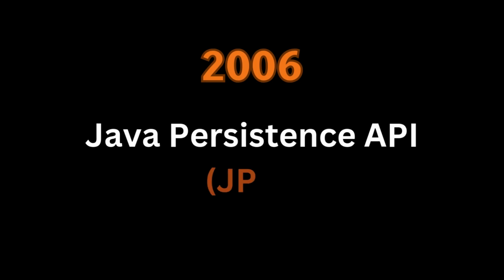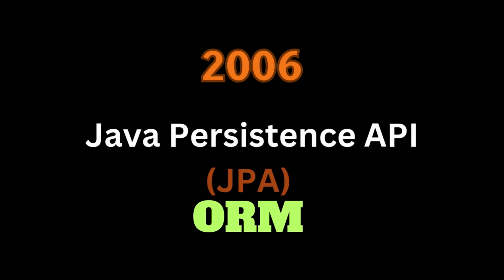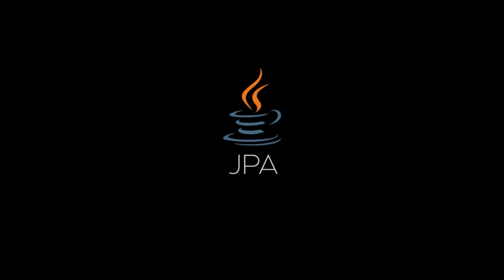In 2006, the concepts pioneered by Hibernate heavily influenced the creation of the Java Persistence API, JPA, a standard specification for ORM in Java. Today, Hibernate is the most popular implementation of the JPA specification and is a core component of many enterprise frameworks, especially Spring.